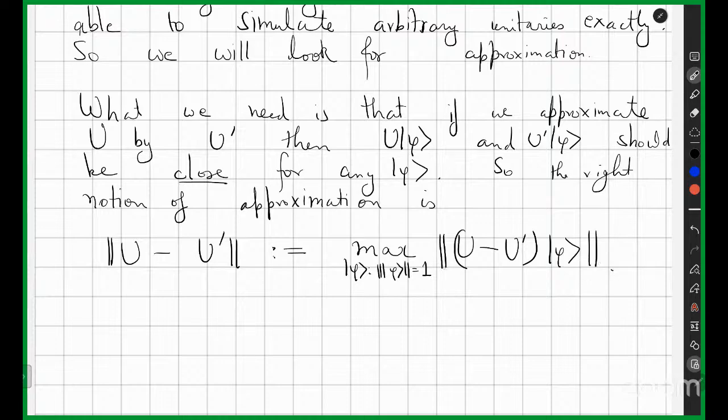The bars appearing on the left are different from the bars on the right. On the right, that's just Euclidean norm. On the left, it's a definition. This is often called the 2 to 2 norm. Why 2 to 2? Because you're looking at things that have unit norm and then looking at the norm of the output. You can define it for any norms, but it's also called the operator norm.